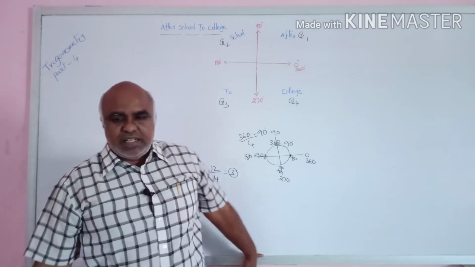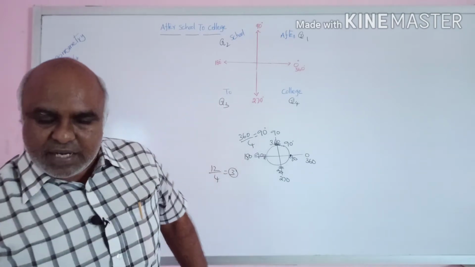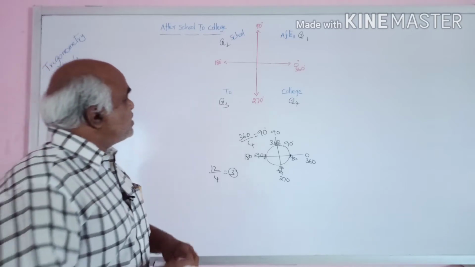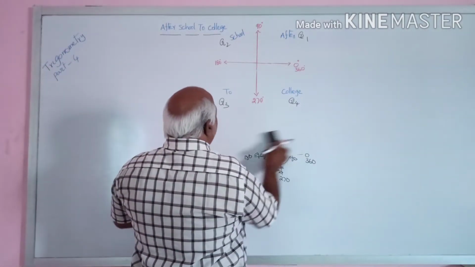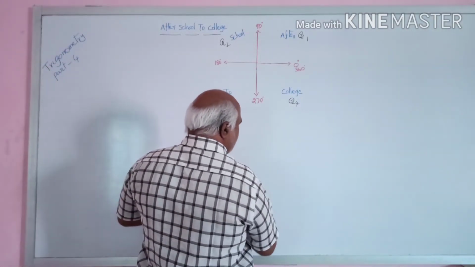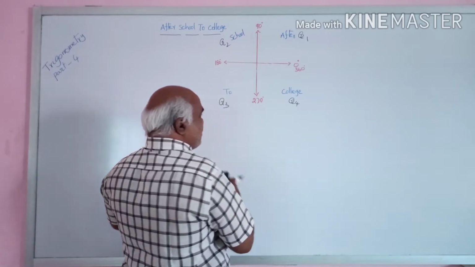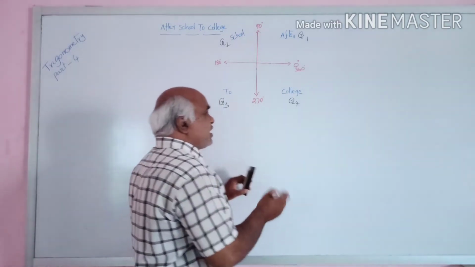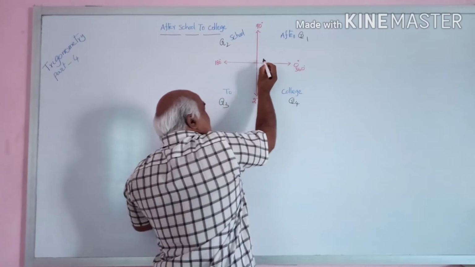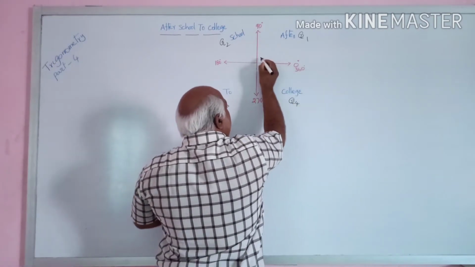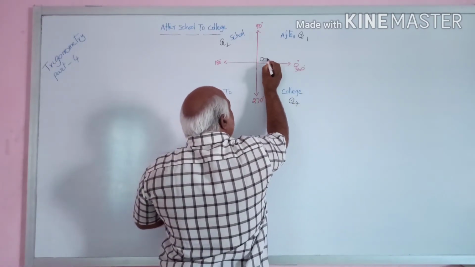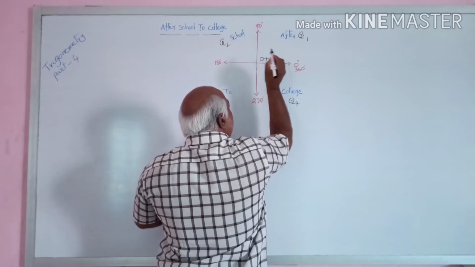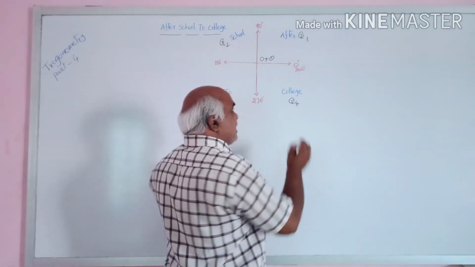Coming to the next one, what is after? What is school? What is to? What is college? Before saying this, you can see in the first quadrant, what angle lies? 0 plus something. What is that something? 0 plus theta.